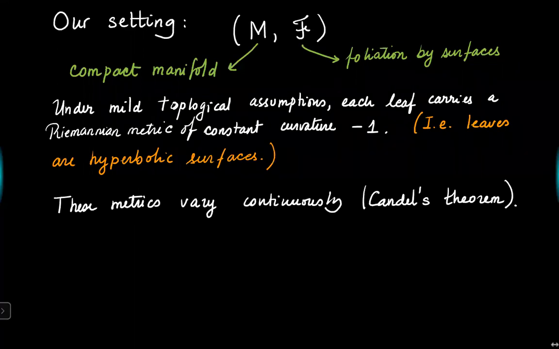There's a mild topological assumption that guarantees that each leaf has a Riemannian metric of constant curvature -1. This is a theorem by Alberto Candel. These metrics on leaves vary continuously in the transverse direction to the foliation, continuously in the smooth topology.